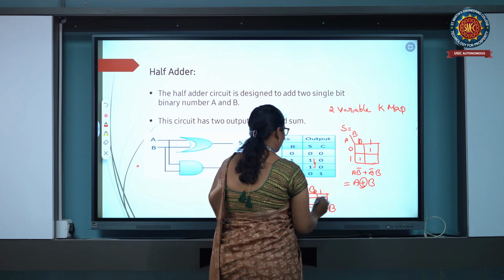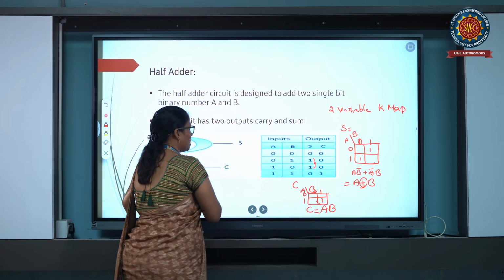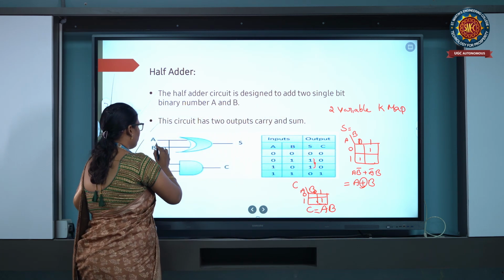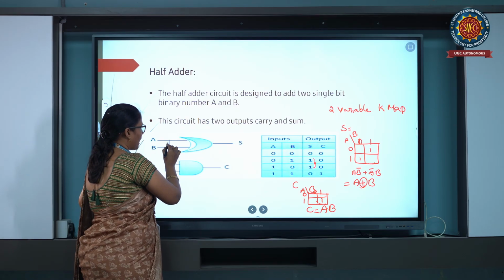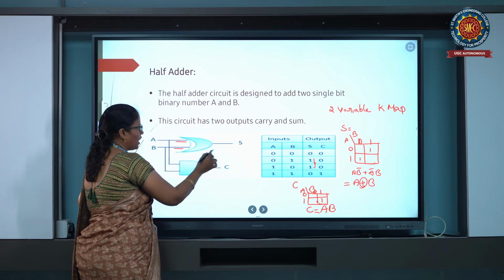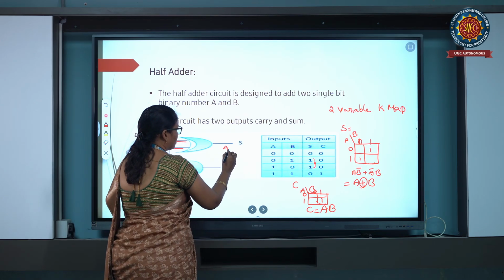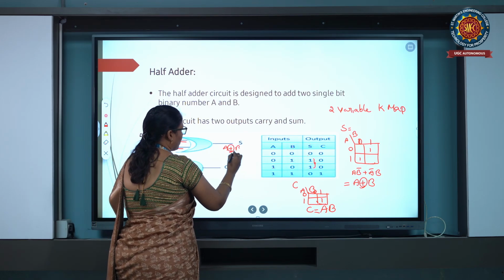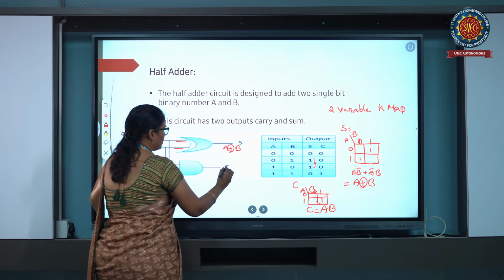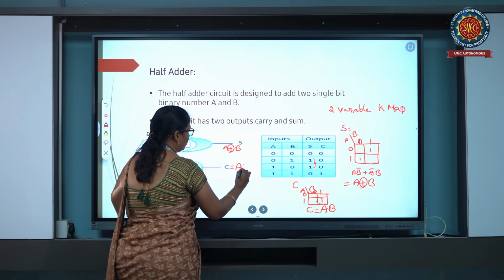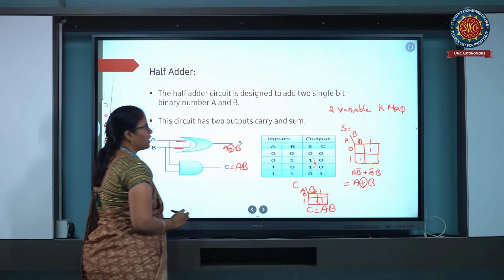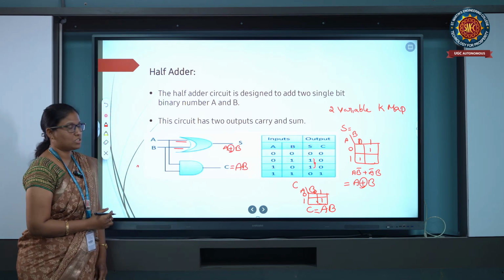From these two equations, we can consider the logic circuit diagram. The two inputs are given to the XOR gate and sum is the XOR operation of A and B, and carry is A AND B. In this way, we can generate all the combinational circuits.